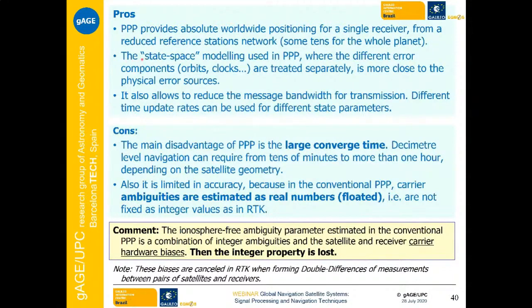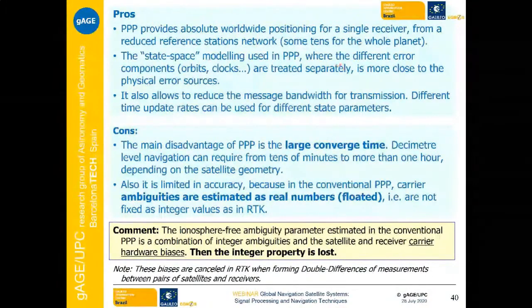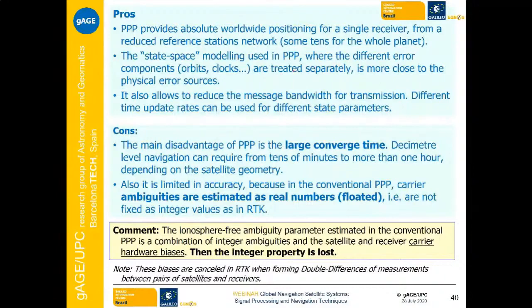On the other hand, the state space modeling, the idea of splitting the differential corrections into orbits and clocks, is closer to the physical error sources. And this allows reducing the message bandwidth because we can consider different time updates for these parameters.